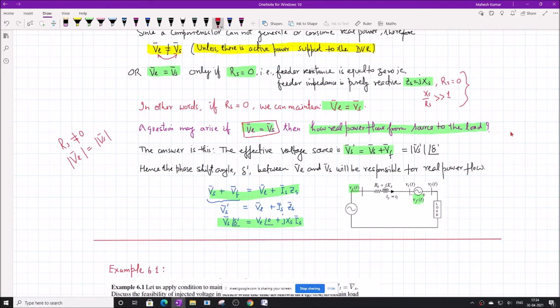The load only wants the rated voltage at the load bus, and hence maintaining the magnitude is good enough at the load bus. So this condition is more practical and less constrained. We can easily realize it even though Rs is not equal to 0. We will take one example and explain this, then we go for the next thing.